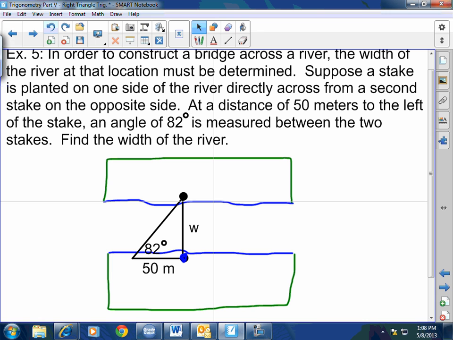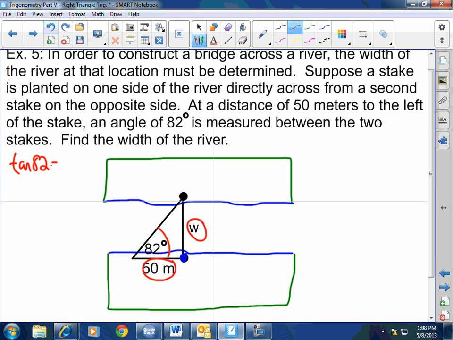Now, how do we find W? What sides were I given in reference to the 82, guys? I was given an adjacent, which is 50, and an opposite, which is W. So you use tangent. Thank you. So the tangent of 82 equals opposite over adjacent.